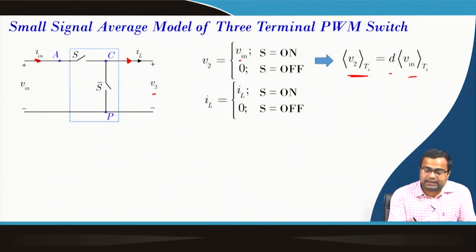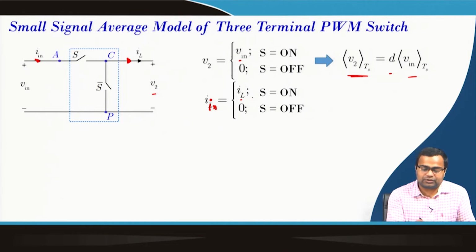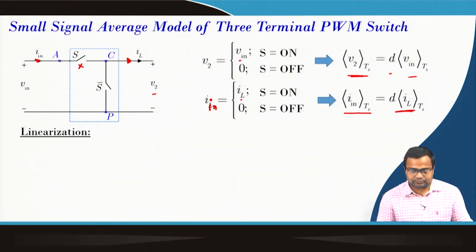Similarly, if we write the inductor current average value, sorry, this should be input current. Input current is equal to inductor current when the switch is on, and input current equal to 0 when the switch is off, because this part is disconnected then. So, you can write the input average quantity is equal to D into average inductor current, where we are ignoring the ripple of the inductor current.